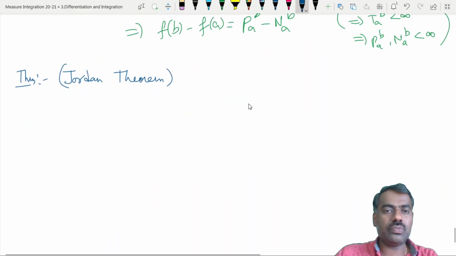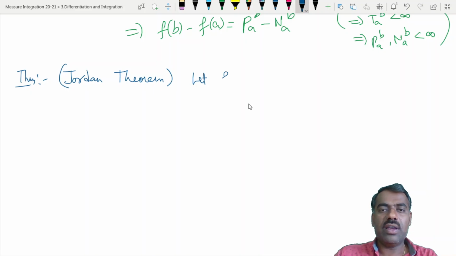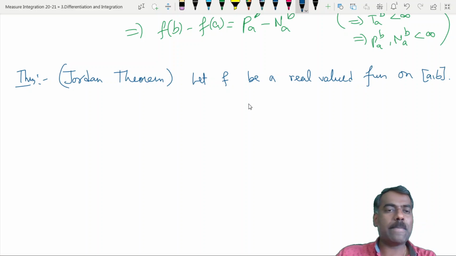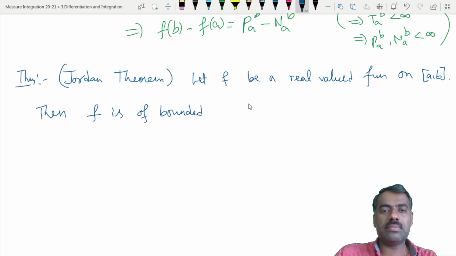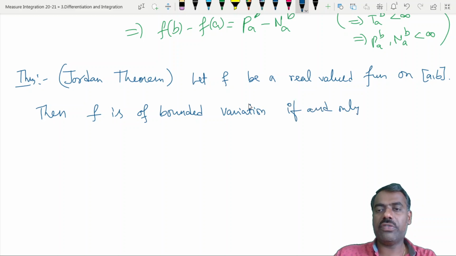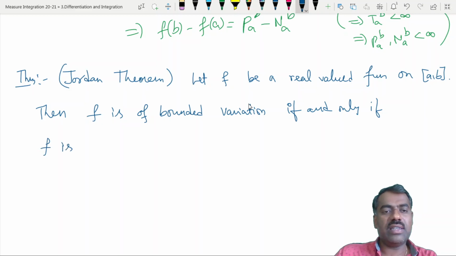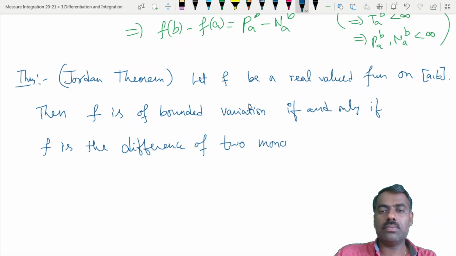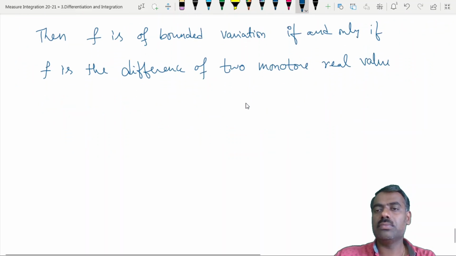So the statement is: let f be a real valued function defined on the closed interval [a, b]. Then f is of bounded variation if and only if f is the difference of two monotone real valued functions.